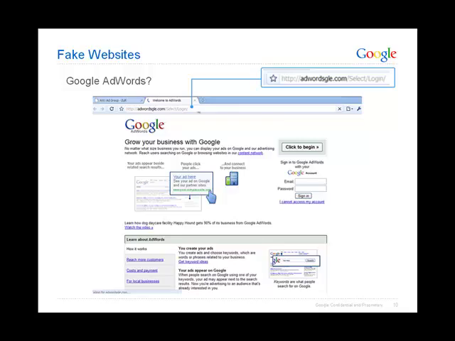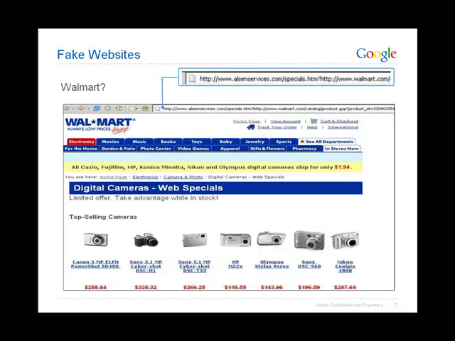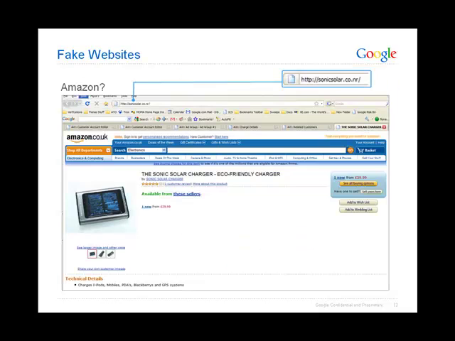Here's another example. It appears that Walmart is having a sale on top-selling cameras. Once again, a closer look shows the URL in the address bar is www.elsonservices.com and not walmart.com. There are many very real-looking websites out there, such as this next one.